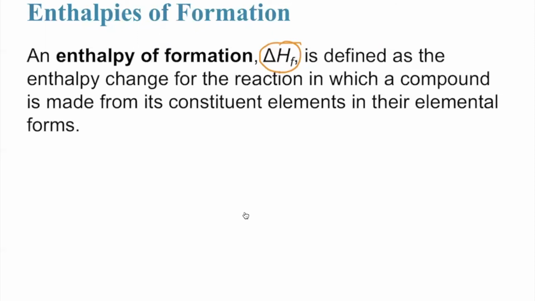What I want you to recall, though, is that when we are dealing with the standard state, in which the substance is most stable at 25 degrees Celsius and 1 atmosphere, that value is going to be 0. Let me explain. Let me see if I can give you an example of that.